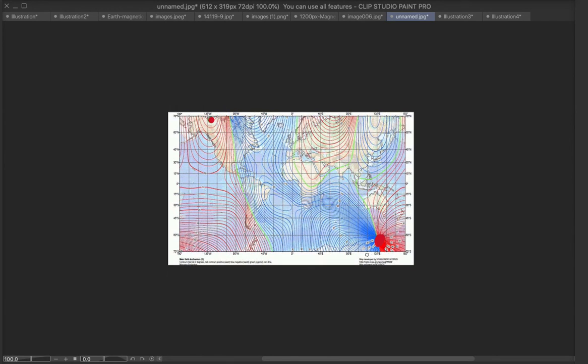So this is Earth's magnetic North Pole and Earth's magnetic South Pole. This point is indicating the magnetic north, and this point is our magnetic South Pole. So this is how our Earth's magnetic map can be represented.